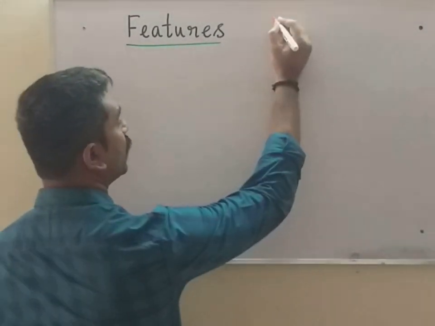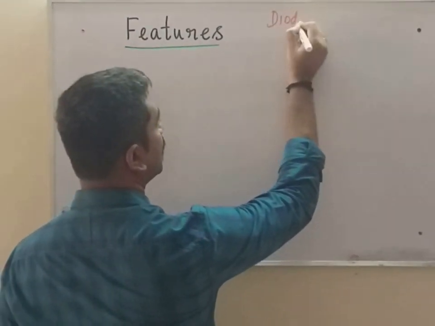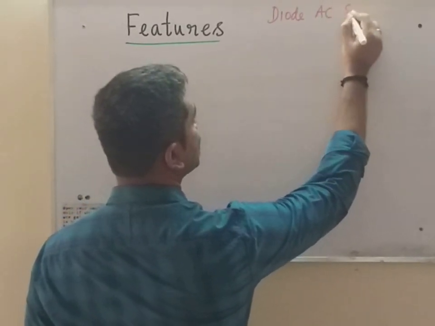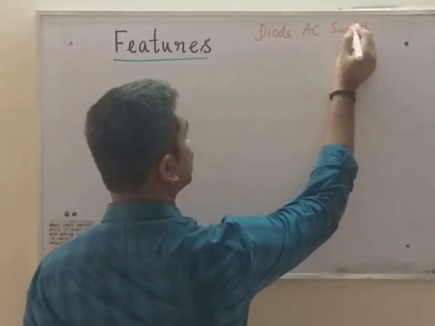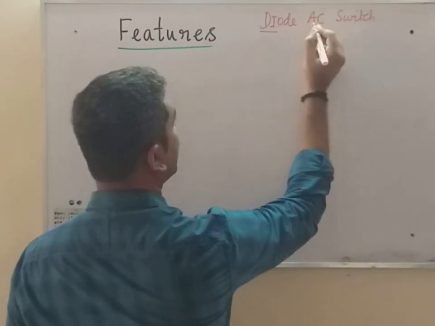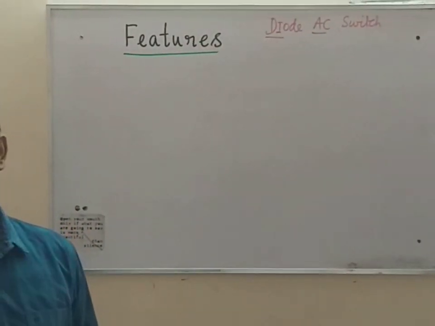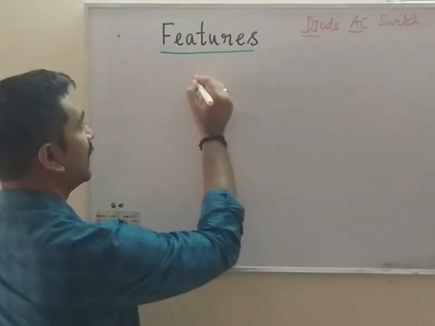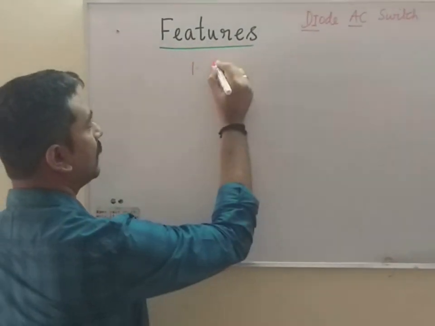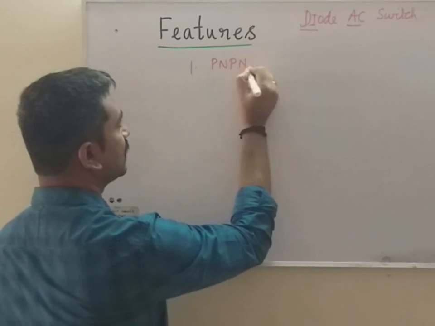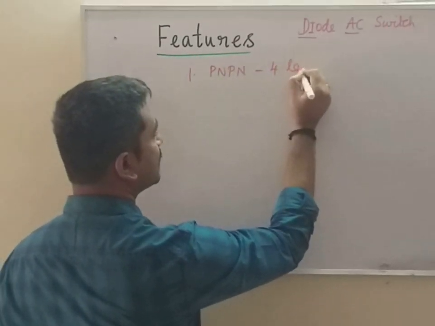DIAC stands for Diode AC switch. The features of DIAC: it is a PNPN device, a 4-layer device.